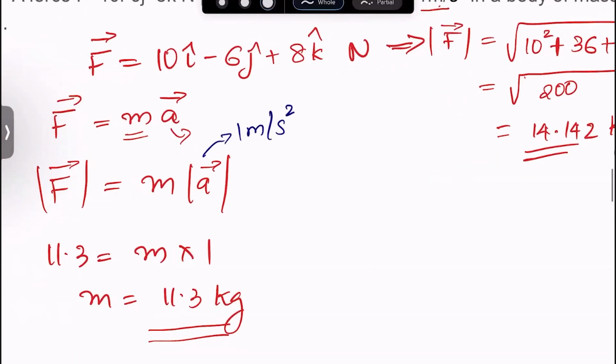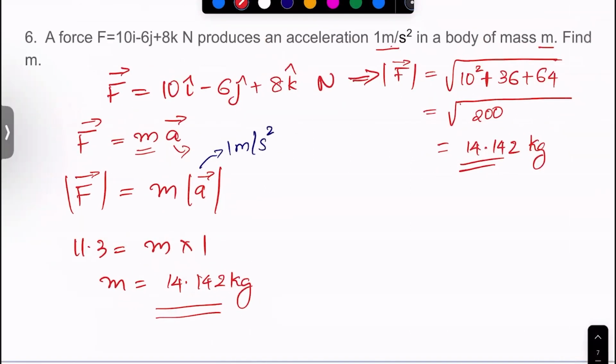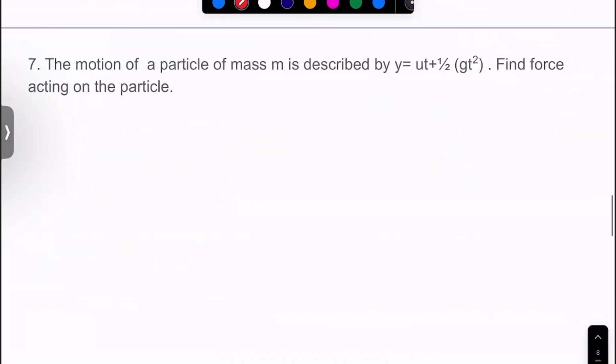Okay, so now another question. The motion of a particle of mass m is described by y equals ut plus half gt squared. Find the force acting on the particle. Now to find that, we know the derivative of position.